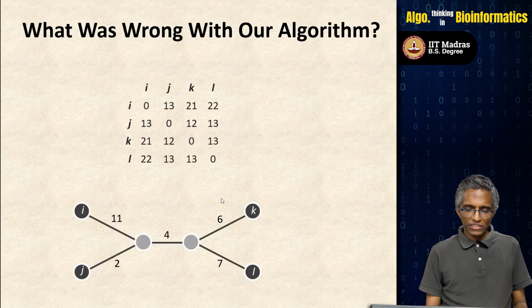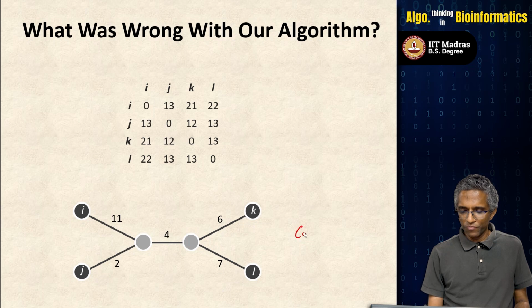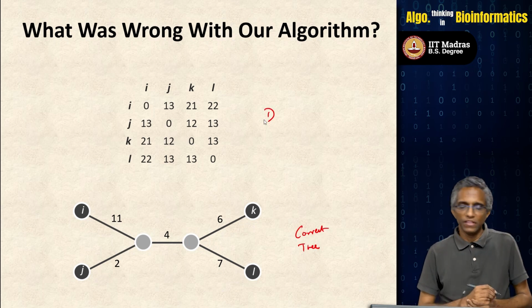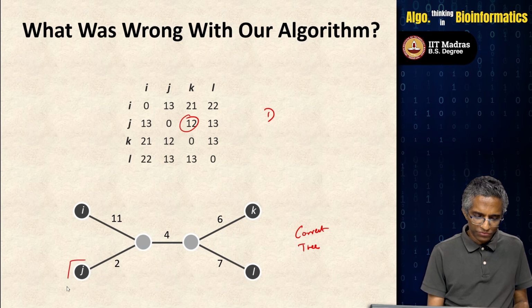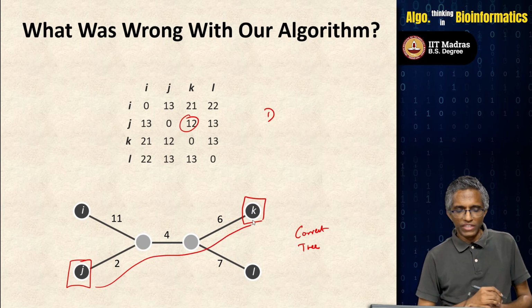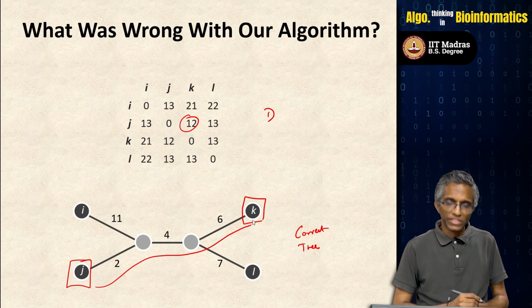In this particular case this is the correct tree that fits this distance matrix D, and you can see here that this j and k of 12 is not actually a cherry, they are on the other extremes, they are cherries with other nodes, okay, they are not cherries with each other.